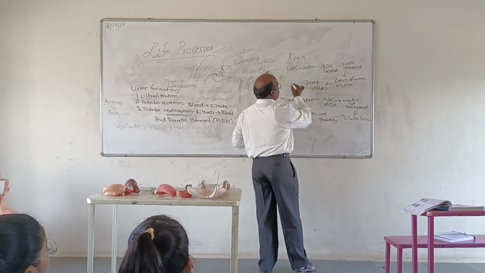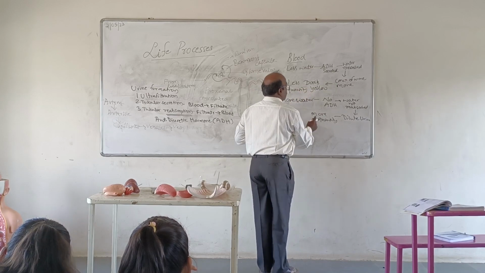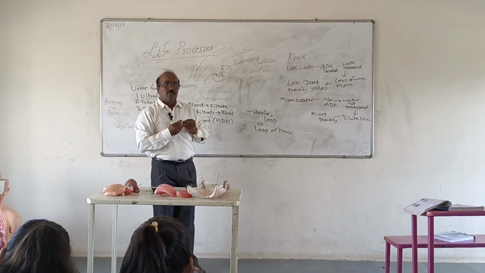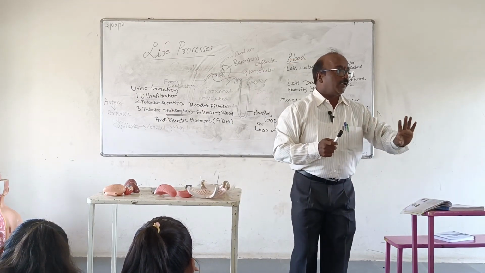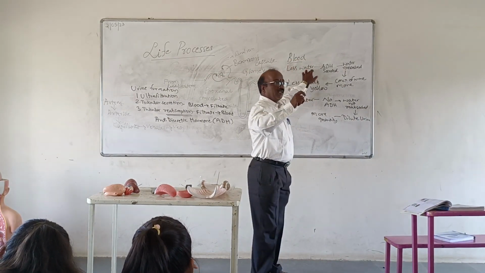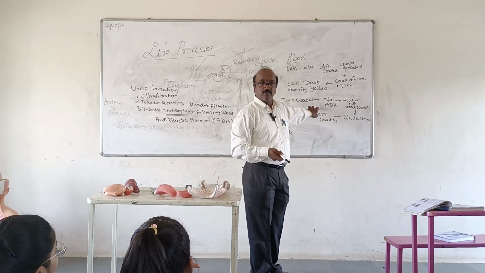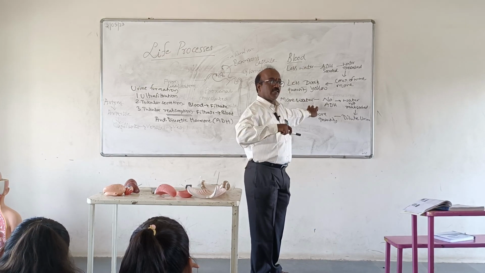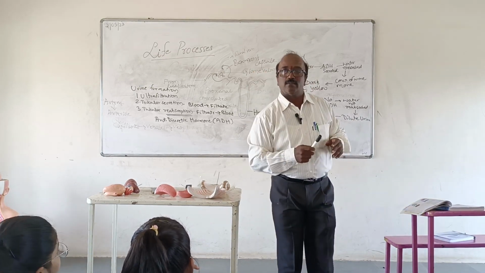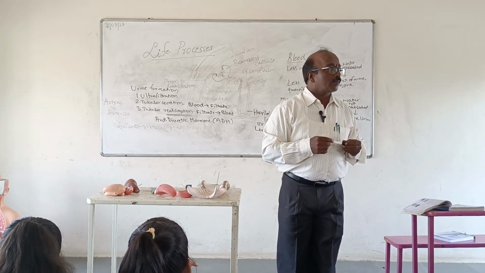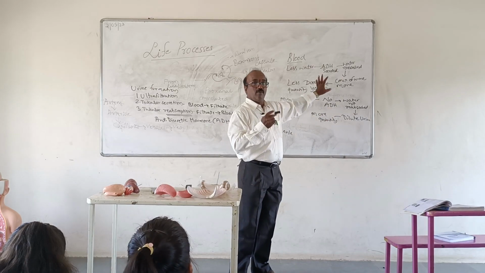Here, less quantity. One urination is about 500 ml only. In summer we go once or twice in a day, in winter more than two to three times. Because it gets filtered and is not reabsorbed, we have to send it out. Clear? So this is how reabsorption takes place.